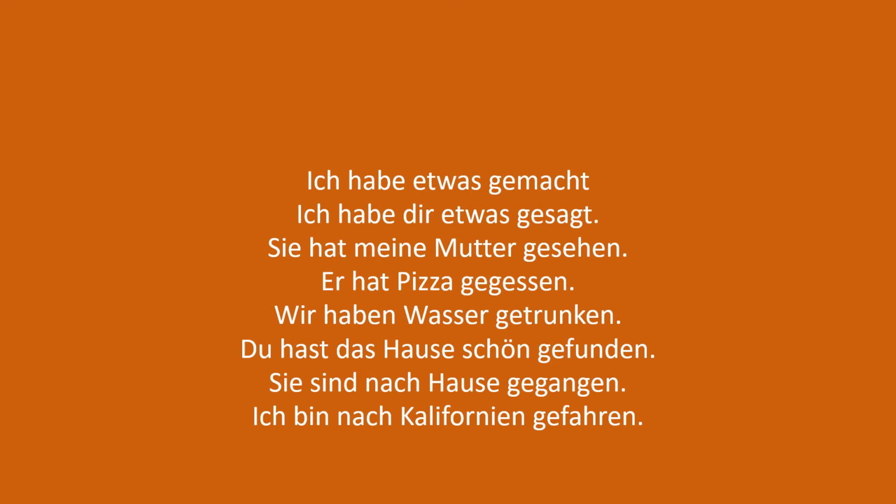Er hat Pizza gegessen. He ate pizza. Wir haben Wasser getrunken. We drank water. Du hast das Haus schön gefunden. You found the house beautiful. Sie sind nach Hause gegangen. They went home. Ich bin nach Kalifornien gefahren. I drove to California.